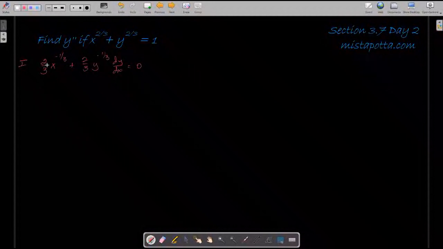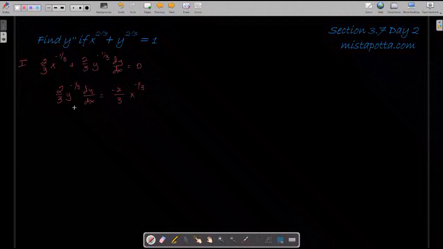I'm going to move this 2/3 term over to the other side. So I'm going to have 2/3 y to the negative 1/3 dy/dx equals negative 2/3 x to the negative 1/3.